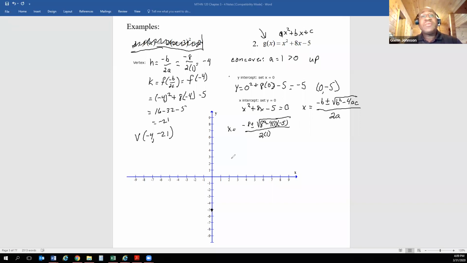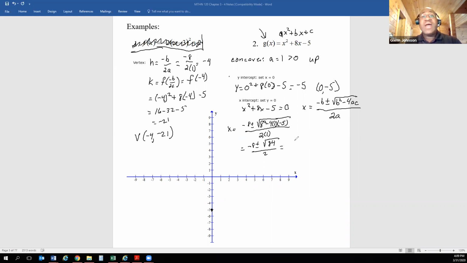So now if we simplify this, we have negative 8 plus or minus the square root of 8 squared, that's going to be 64, plus 20, so that's going to be the square root of 84 over 2.